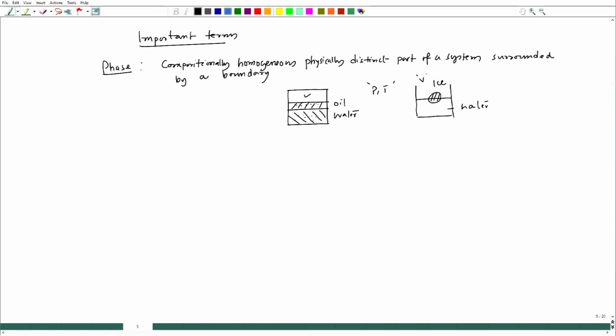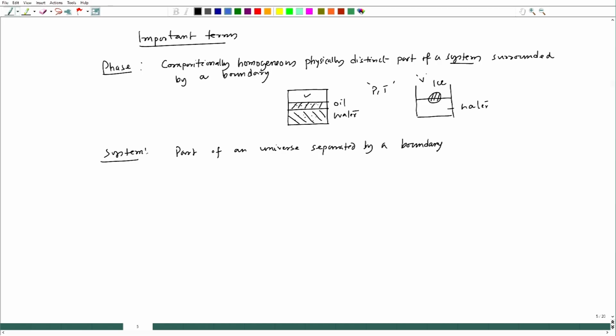Now, the second part, when we talk about system. A system can be considered as a part of the universe separated by a boundary. In a system we can have multiple phases, or a single phase, but again it will be a part of the universe which is separated by a boundary.